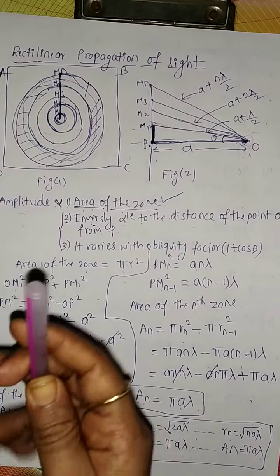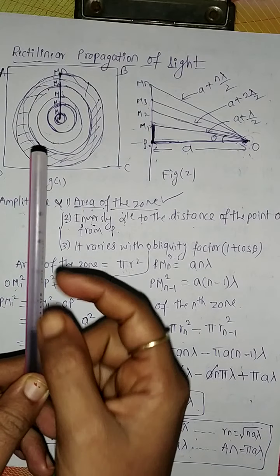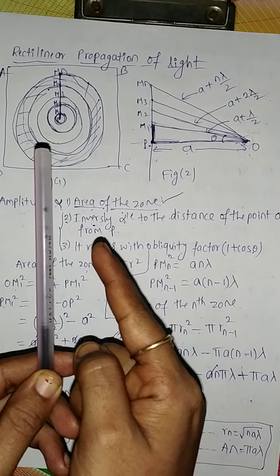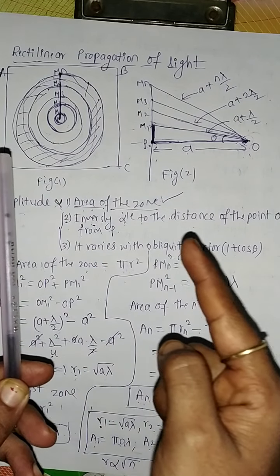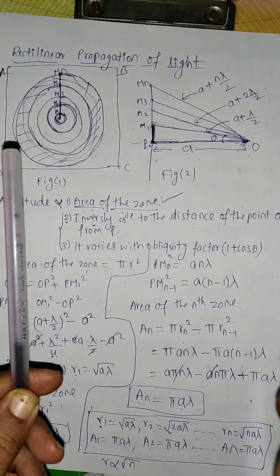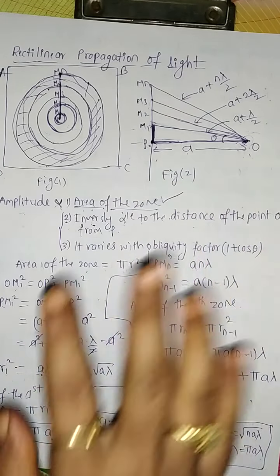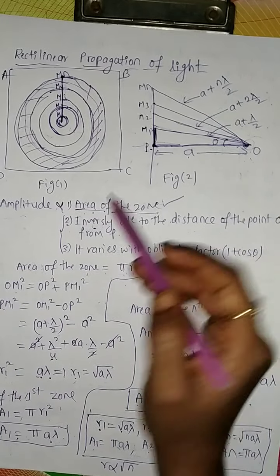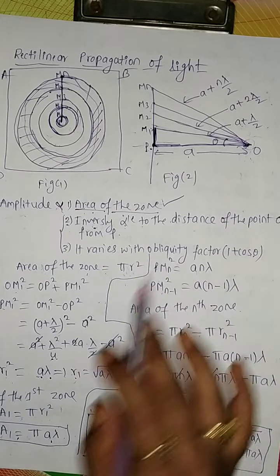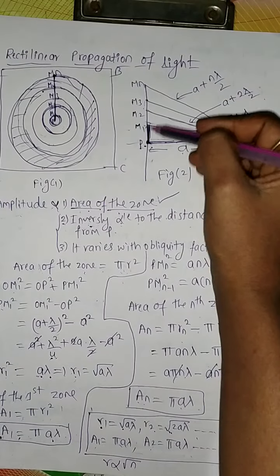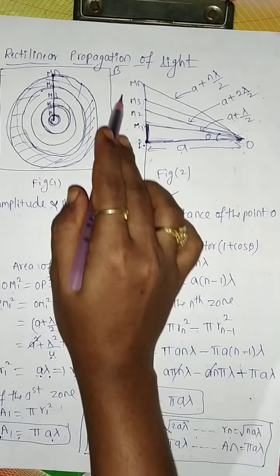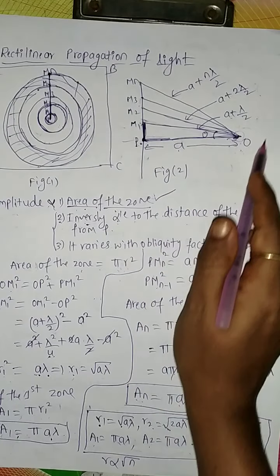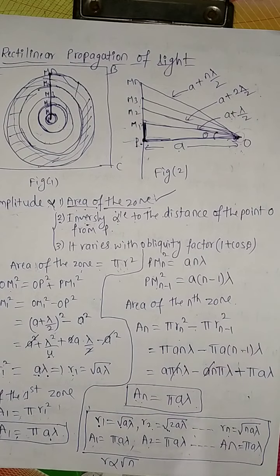Just like a bulb giving light: when you are nearer to the bulb you get more brightness, and if you go away from the bulb the brightness keeps decreasing, and at one point it can be 0. The same thing is happening here. So it is inversely proportional to the distance: as the distance of the zone increases, the distance covered to reach point O also increases, and the amplitude decreases. This is the second point.